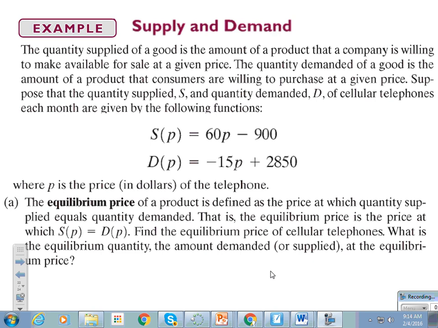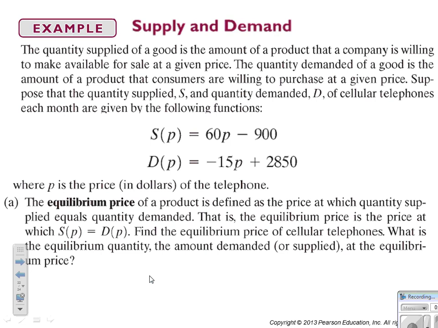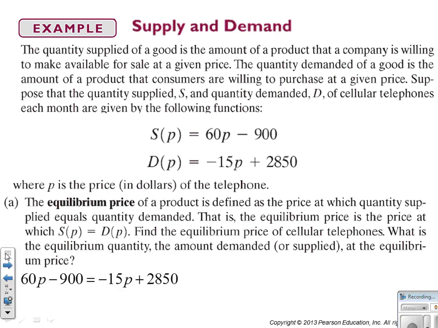So we want to find when supply and demand are equal. And if I'm manufacturing something, that is kind of like our magic place. So we're going to set supply and demand equal to each other. 60P minus 900 equals negative 15P plus 2,850.